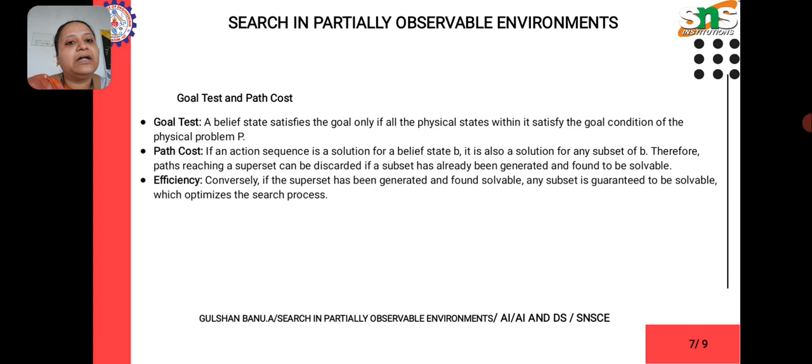Now the path cost: path cost is the different paths involved and the cost given for them. If a solution sequence is a solution for a belief state, it is also a solution for any subset. Therefore, paths reaching a superset can be discarded if the subset has already been generated and found to be soluble. The efficiency is gained when the subset has been generated and found solvable.